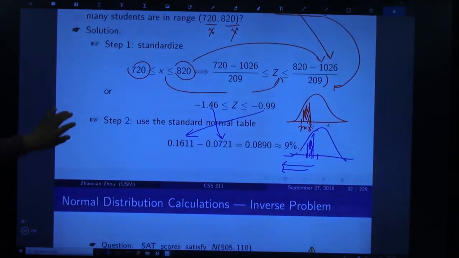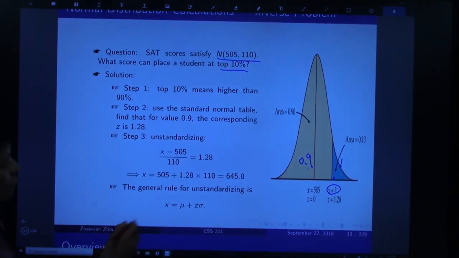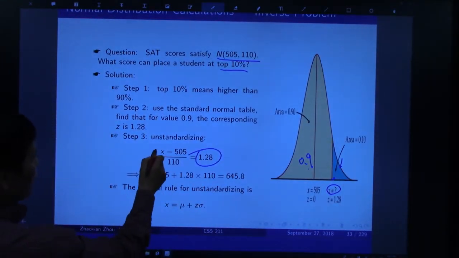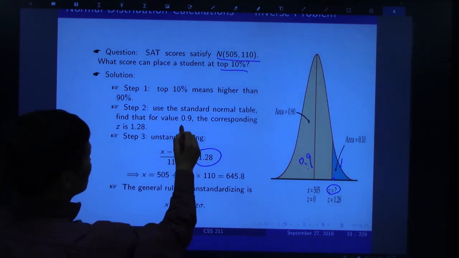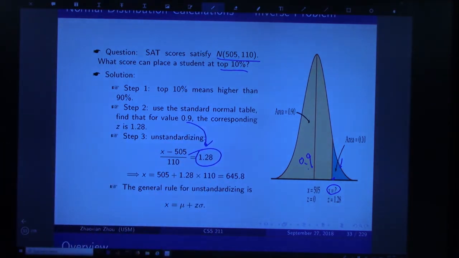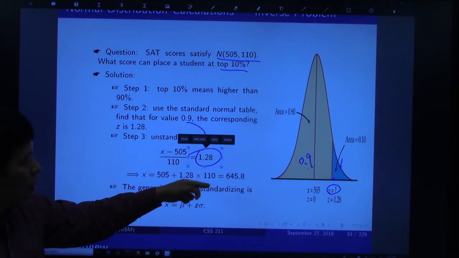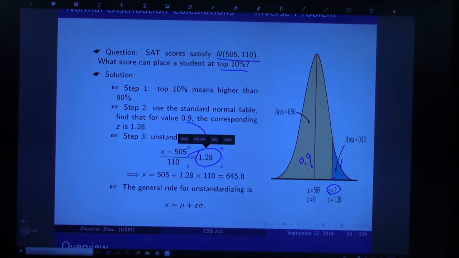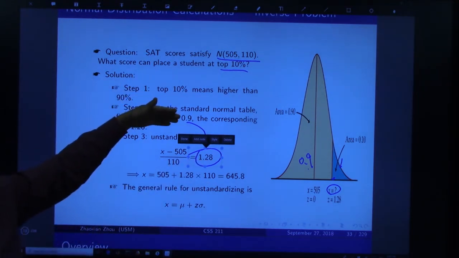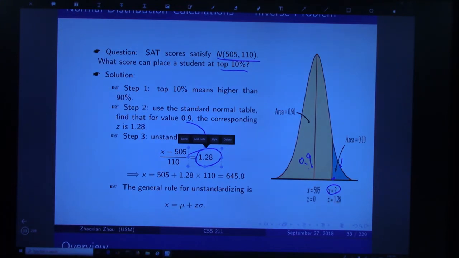In this example, the result is 1.28. So we check table A inversely, and we find the corresponding z-score must equal 1.28 to satisfy having 90% below you, so that you will be in the top 10%.